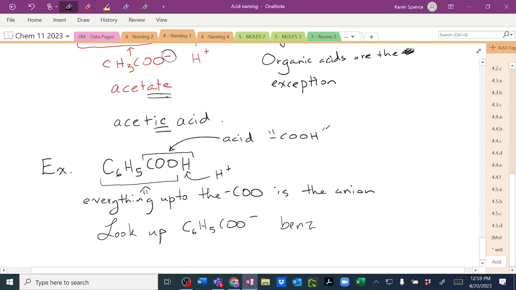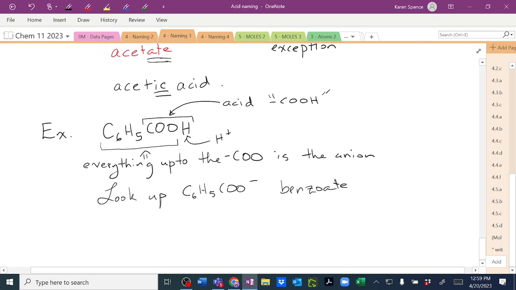Benzoate. And you won't find that one on your pink sheet. It's one of the ones that you would need to use your expanded ion list for. So we have benzoate, so this would then become benzoic acid. And in fact, all the organic acids are all ates, so they will all be just ic acids.